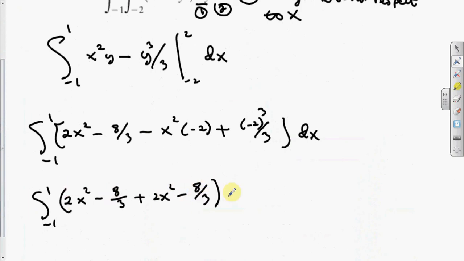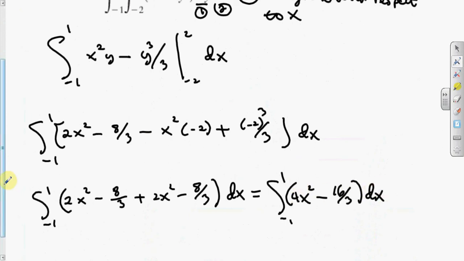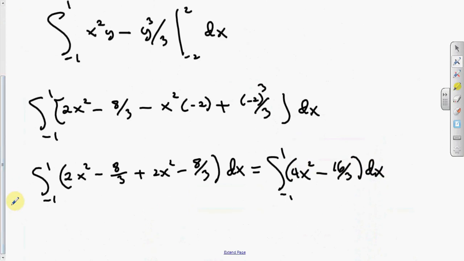Let's just do it like that, dx. So this is the integral from -1 to 1 of 2x squared plus 2x squared, which is 4x squared minus 16 over 3, dx. Now, secondly, I integrate with respect to x.